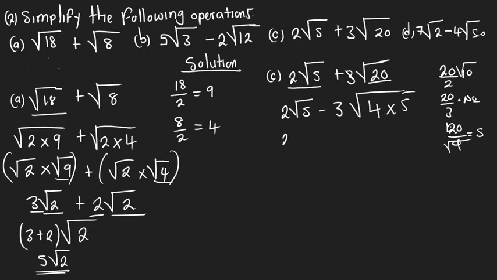So this becomes 2 root 5 minus 3 square root of 5 multiplied by the square root of 4. Then you have 2 root 5 minus, this is going to be a 2.